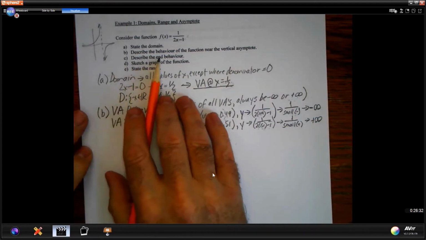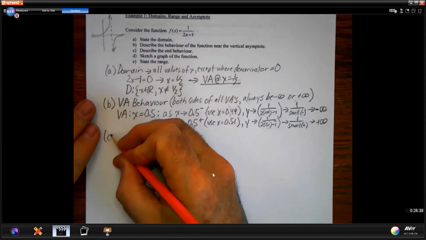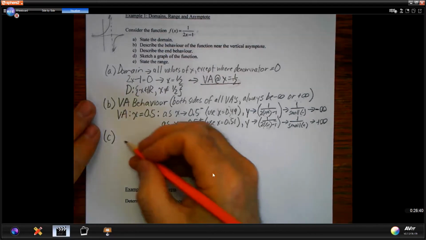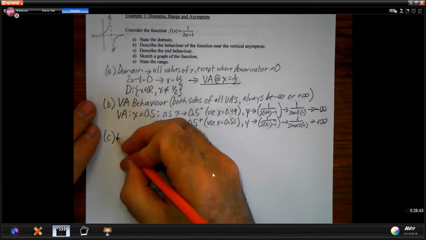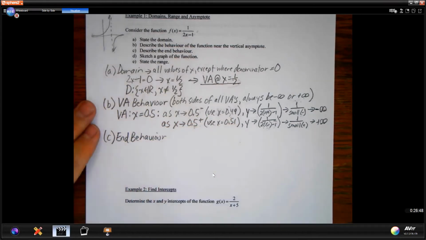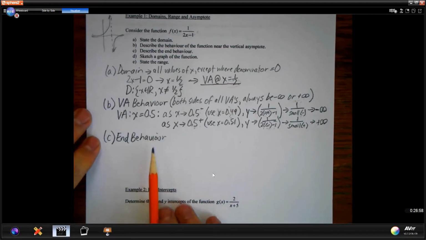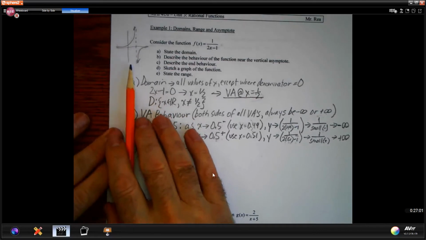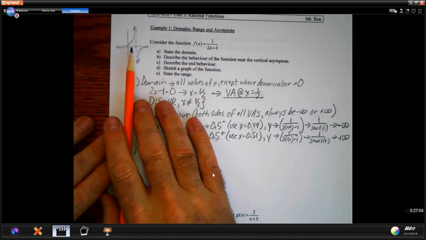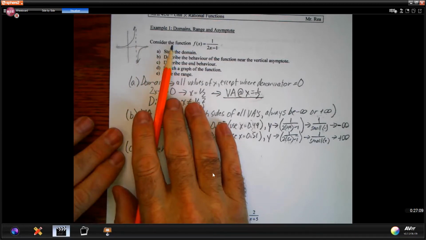Now we're going to look at part C, which is describe the end behavior. So I'll write that out. It's important that you communicate when you do this what exactly you're evaluating or trying to determine. Try to keep your answer very organized like this is. Okay, so the end behavior, if I was to look at this graph again, I'm basically asking, as x gets really, really big, what's happening to the value of y?